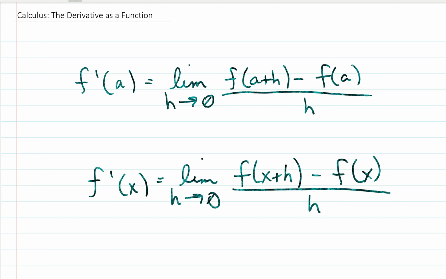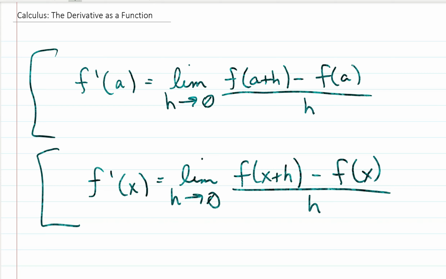So now we start to change our point of view and let that number a vary. Then we substitute a in the equation at the top. Instead of using a, we're going to use the variable x. And then we get f prime of x is equal to the limit as h approaches 0 of f of x plus h minus f of x over h.